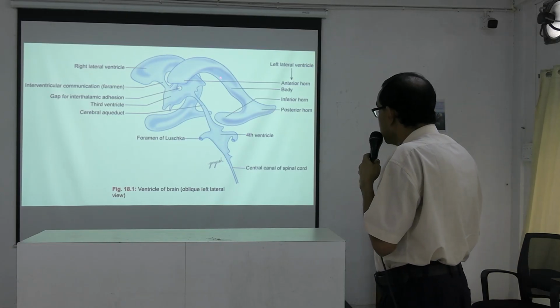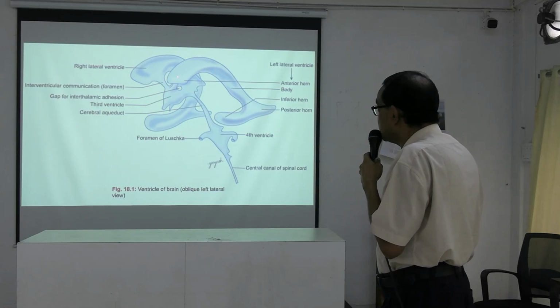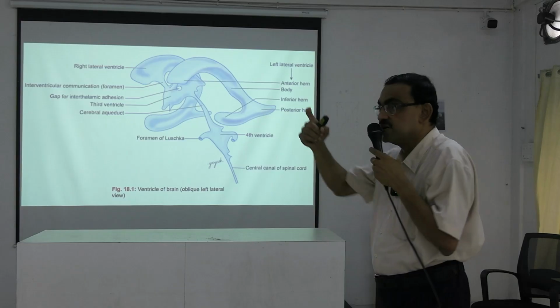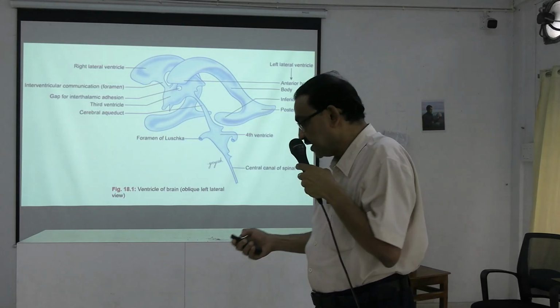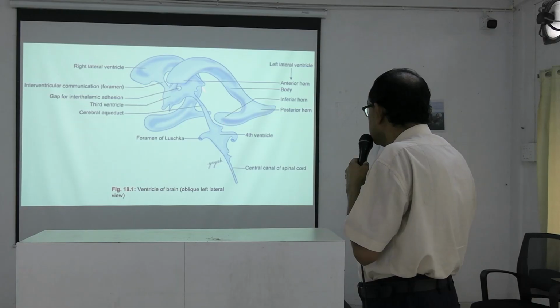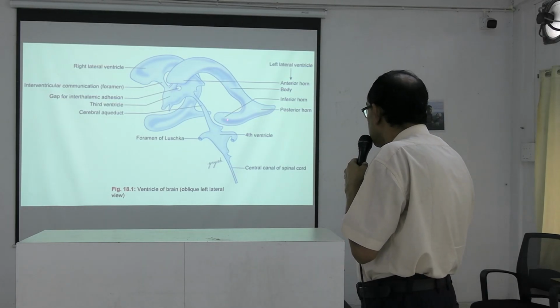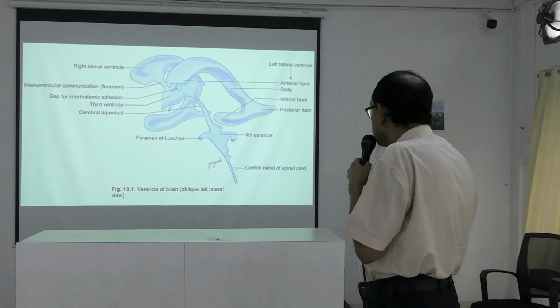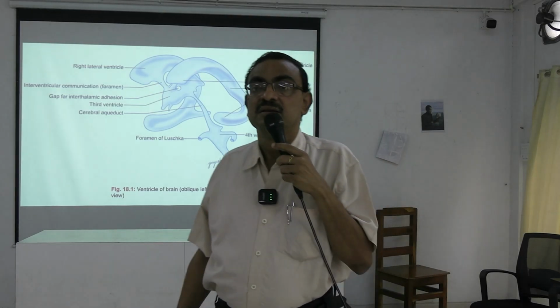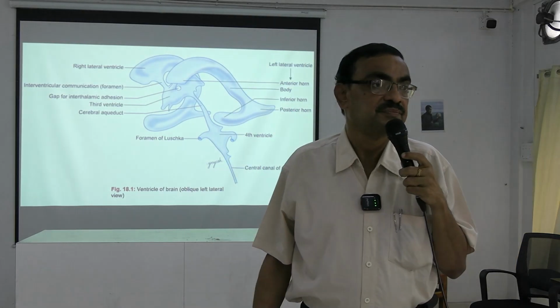So we are concerned with the lateral ventricle. This is the anterior part, a horn-shaped area. You can see this is another horn-shaped area, and this is another. This is called the anterior horn, this is the posterior horn, this is the inferior horn, and the rest of it is called the body of the lateral ventricle.